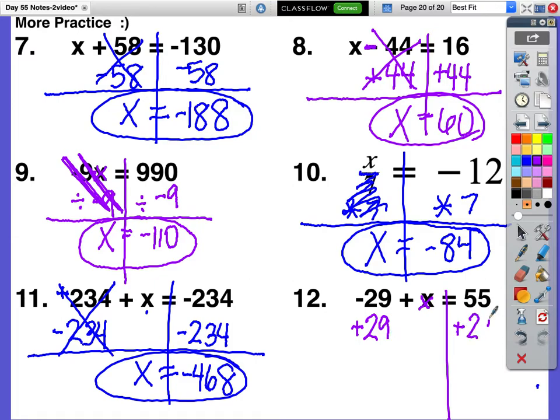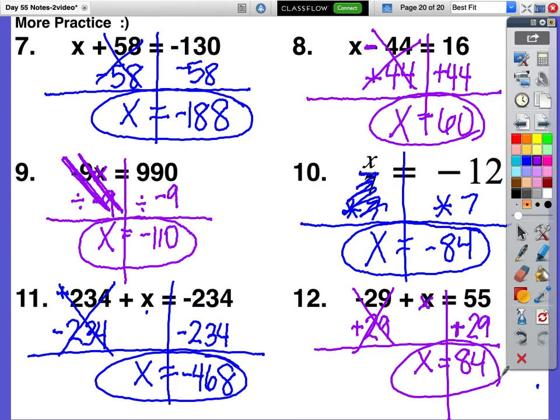Whatever I did to the left side, I need to do to the right side. Since those are inverses, I'm going to cross those out because that's just equal to 0. My x is still there, my equal sign is still there, and then I use my calculator to say 55 plus 29 is 84. And that is your final answer.